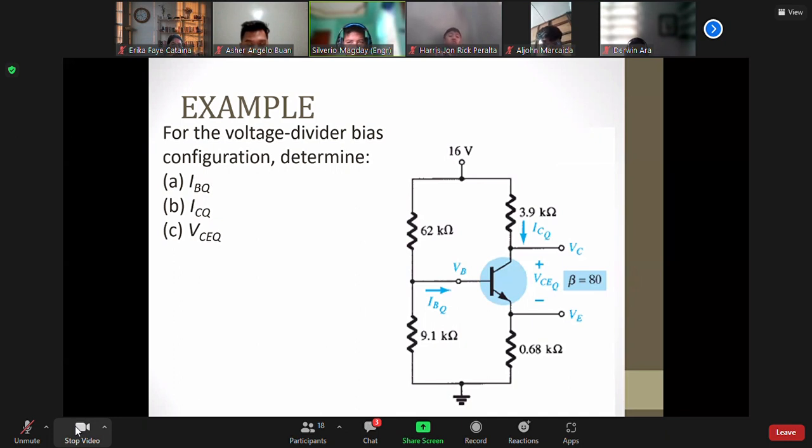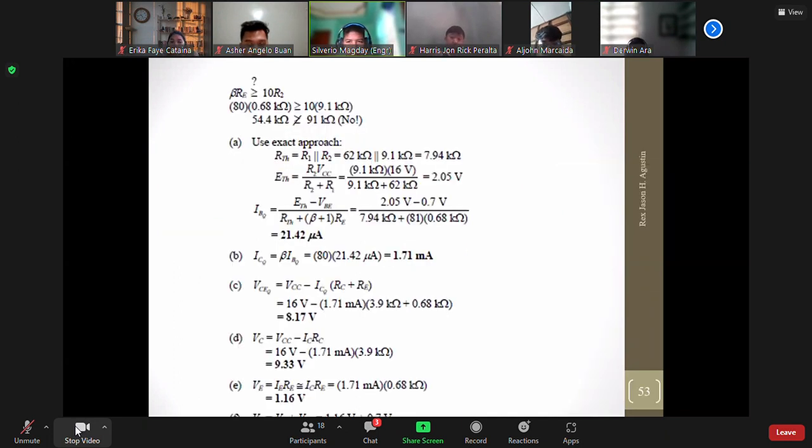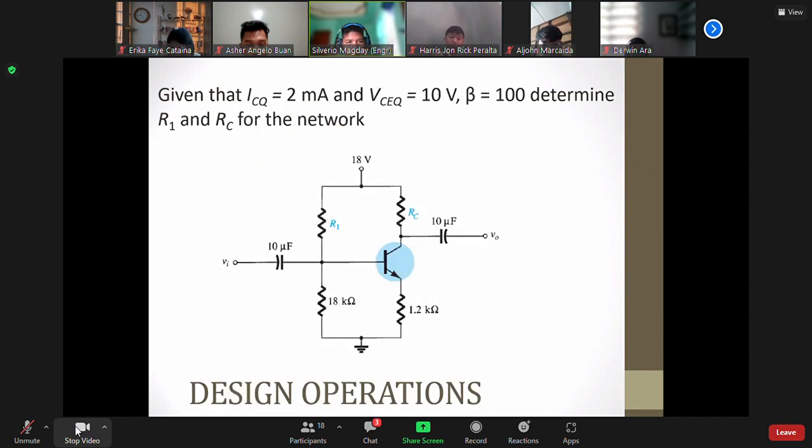That is it for voltage divider bias. Now, what if we are asked for a design operation? Given that your ICQ at operation is already 2 milliamperes and your VCEQ at 10 volts, given your beta at 100, determine your R1 and your RC.